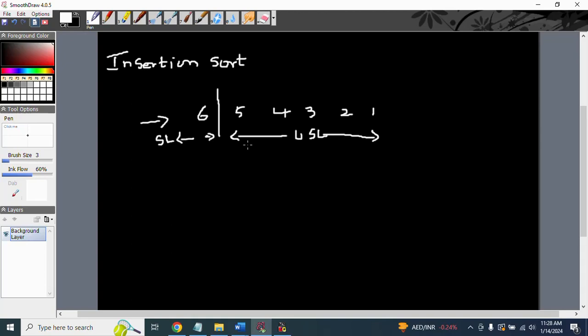I repeat, we compare each element of the unsorted list, one by one, with all elements of the sorted list. You will understand when you follow this example.